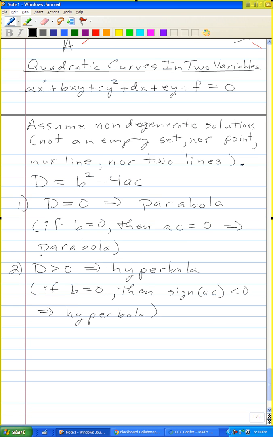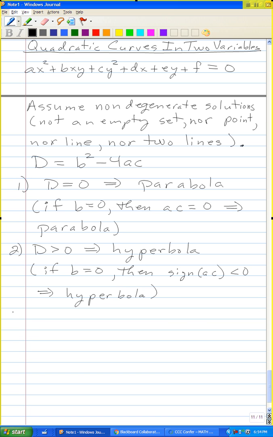Let's look at the third case. If the discriminant is less than 0, then we have the case of an ellipse. Again I look at the case where this xy term is 0.